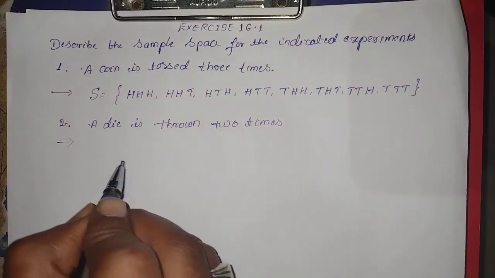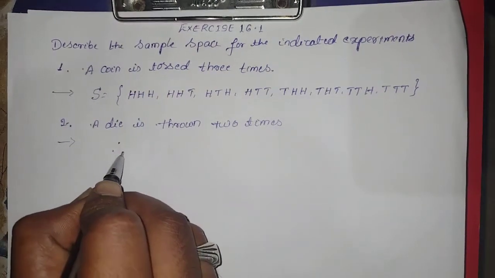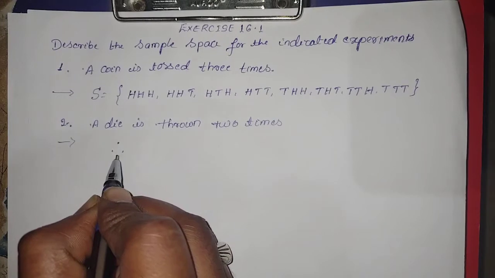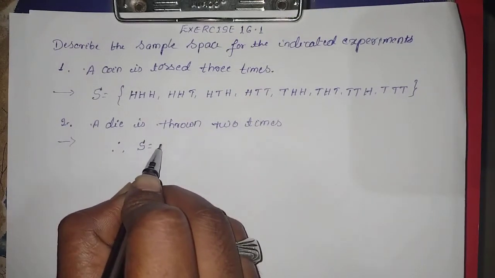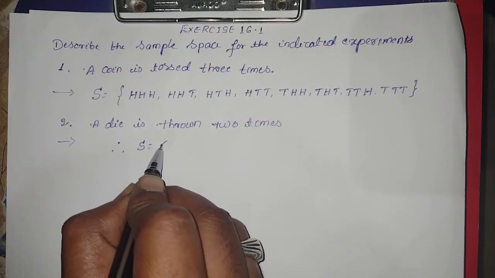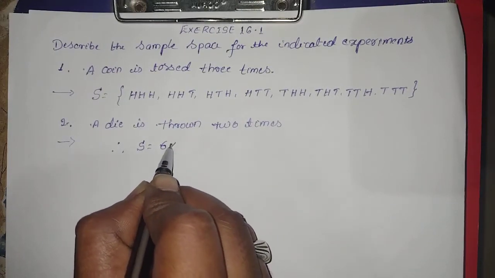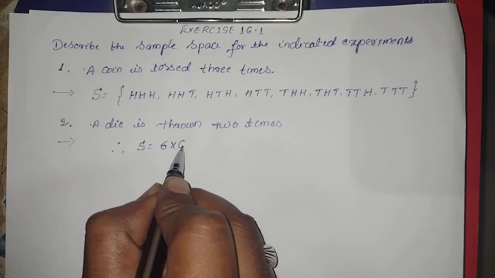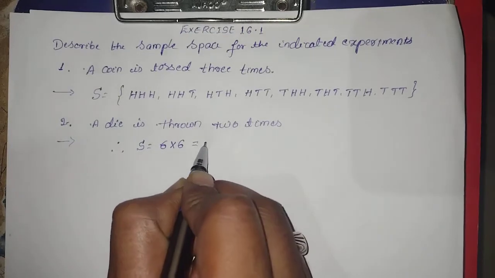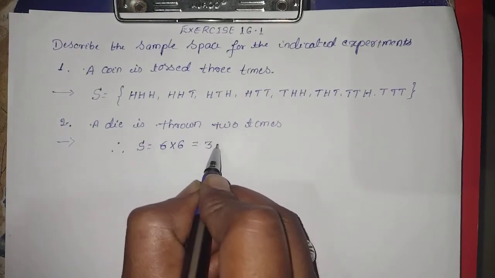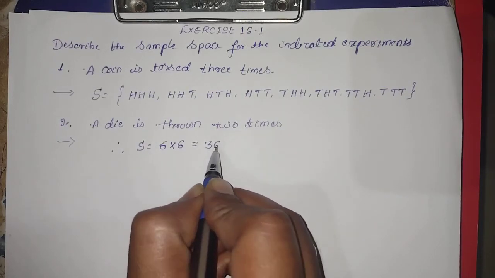Is it right? So therefore, the sample space S: if a die is thrown once we get 6 results, and similarly the second time is also 6 results, which equals how many sample points? 36 outcomes.